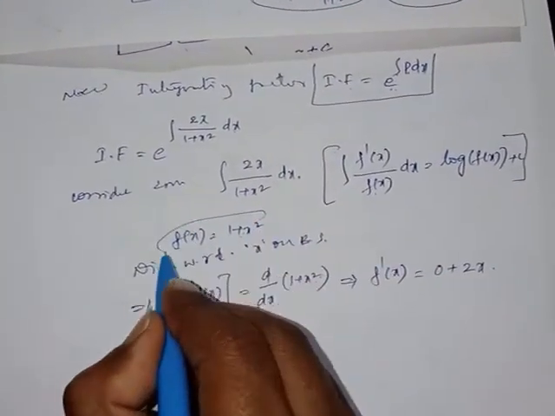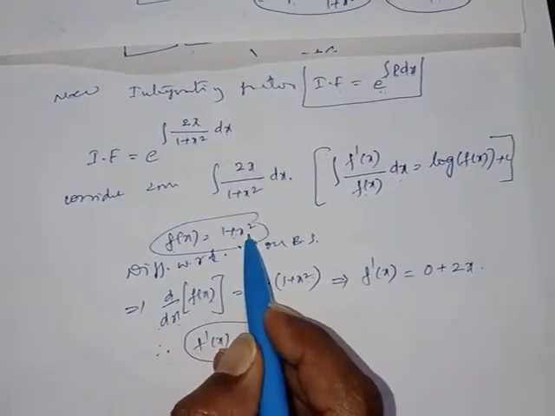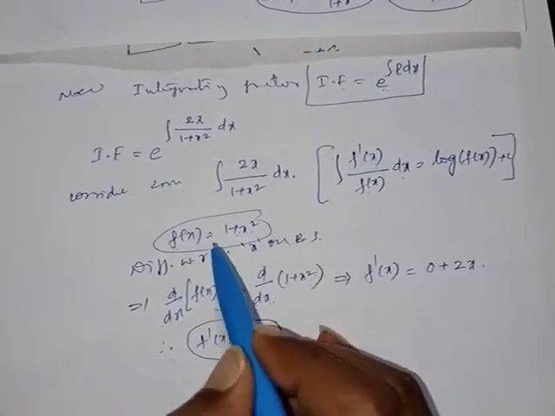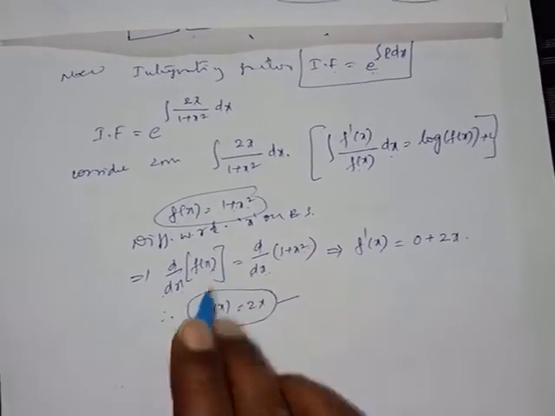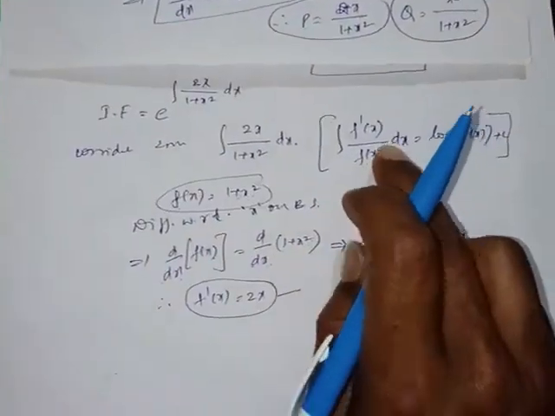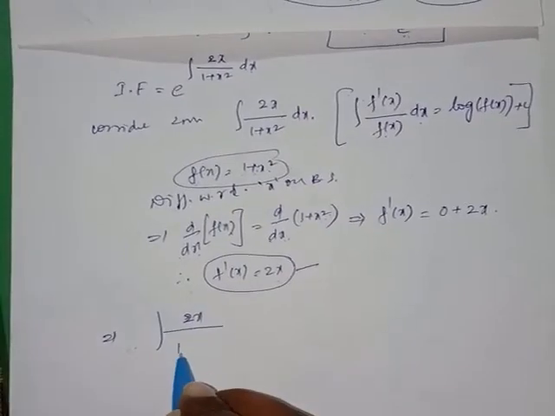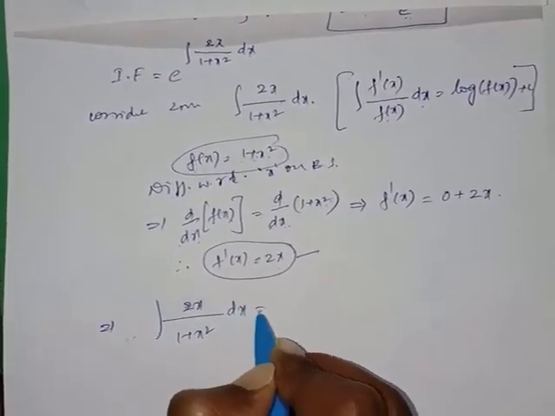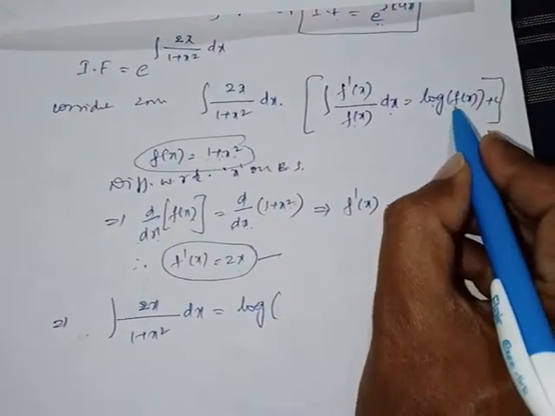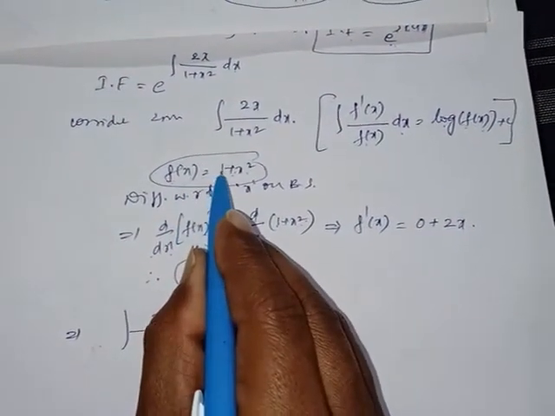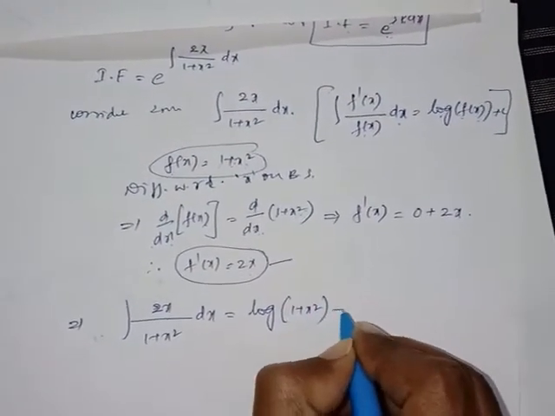So if we use this formula as it is, f(x) is the denominator. If we differentiate this denominator, the numerator is f'(x) = 2x. Applying here, the integral of 2x/(1 + x²) dx = log f(x) + c, where f(x) is 1 + x².